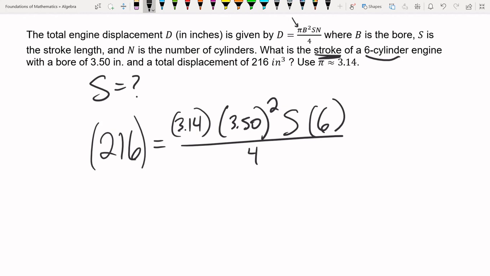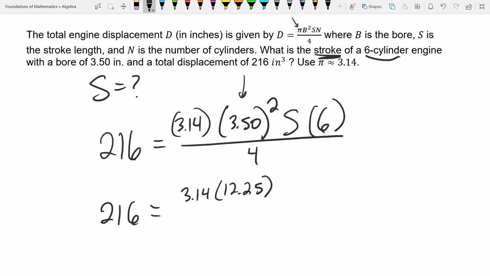Okay, let's simplify this. I can get rid of the parentheses around 216. They don't actually do anything here. And I can simplify a lot on the top. I first need to do 3.5 squared, and that gives me 12.25.